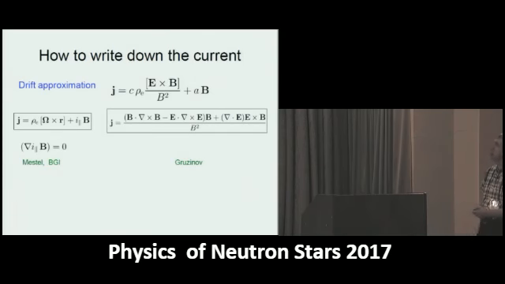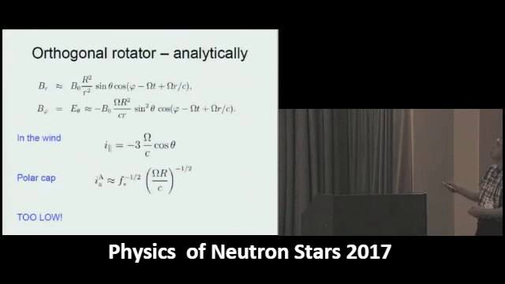Hector Mestel included this expression, and a very important point here is that the value of I is constant along magnetic field lines. So it was possible to use this expression in the pulsar wind, determine the longitudinal non-dimensional current, and then it gives us the possibility to consider the non-dimensional current flowing for the orthogonal rotator.